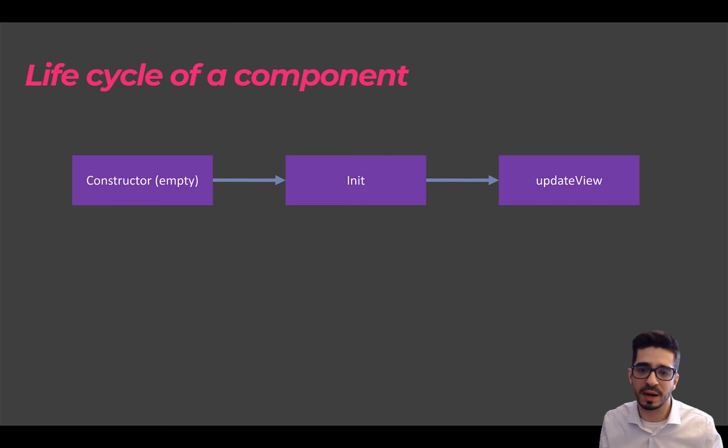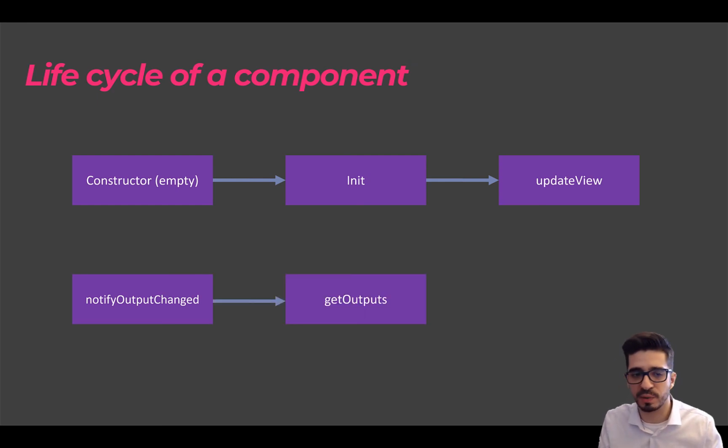When we want to tell the application that there's an update to do, we will call the notify output change that will trigger the get output function where we specified the value to be returned to the application. Okay, so just a gentle warning: if you have bound your component to the same field on which you decide to return a value, it will trigger the update view again, and so you will have a loop.